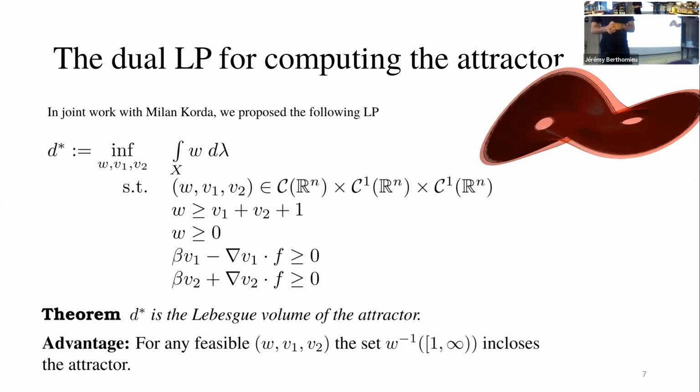Matteo? So here you're computing outer approximations of the attractor, and in a simpler setting where you don't compute an attractor but a simpler object, for example the region of attraction, you can also do an inner approximation, as we have shown in the next paper. I guess that in that setting it becomes very nasty, because your attractor can have zero volume. So what happens if you try to do an inner approximation?